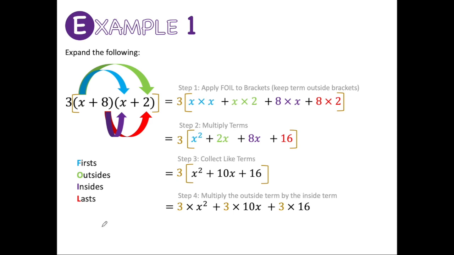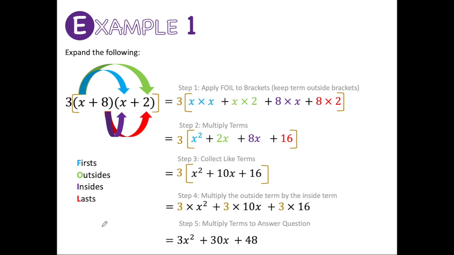So I multiply each term inside the bracket with the term outside. So now I can go ahead and simplify. So 3 times x squared is 3x squared, plus 3 times 10x is 30x, plus 3 times 16 is 48. So my expanded answer to 3(x + 8)(x + 2) is equal to 3x squared plus 30x plus 48.